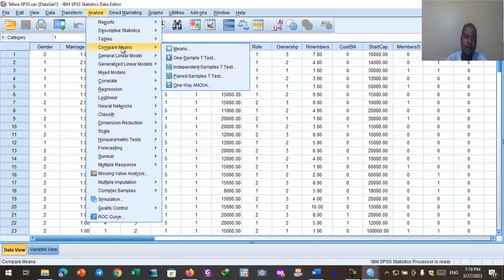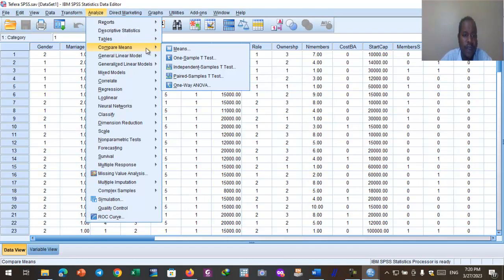In our case, we are going to compare the mean annual profit of the enterprises between the micro and the small enterprises. Our interest is to know whether there is a statistically significant difference in average annual profit between the micro and the small enterprises.